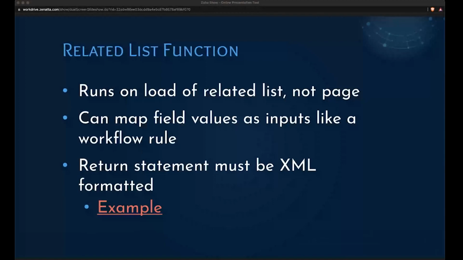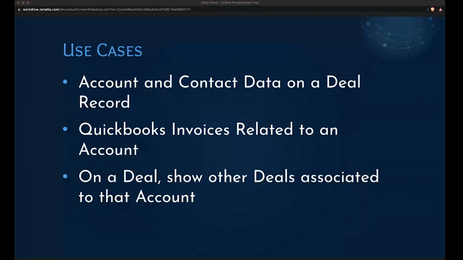There is a link here to the Zoho help documentation on it, but we'll be seeing it in some of the code examples, so I won't go to that link right now. So a couple of use cases, and we'll be going through each of these examples today. Say you wanted to show account and contact data on a deal record outside of just the lookup field, but you don't want to have to copy all of that information onto the deal record every time.